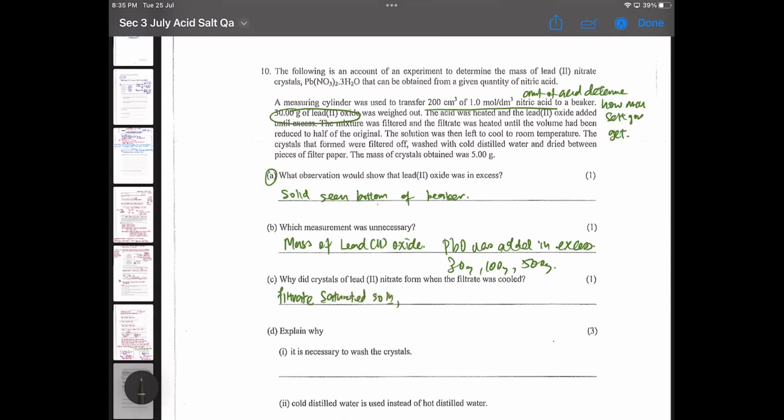So when it cools, the crystals will appear because of the solubility. With lower temperature, those that cannot dissolve anymore will pop up.